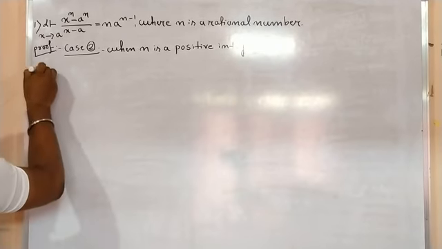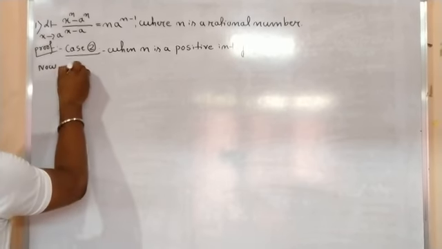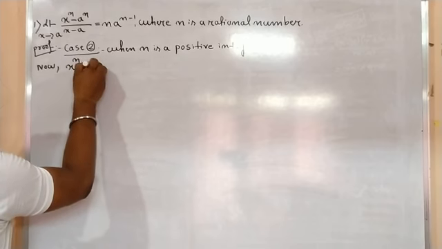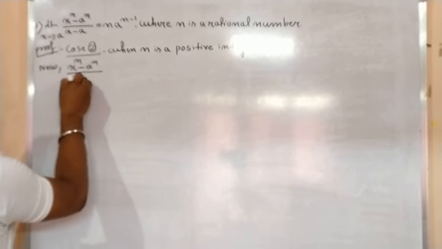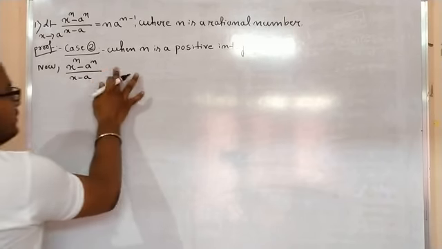Now first of all you have to consider this function. Now x to the power n minus a to the power n divided by x minus a. Now you have to expand it, right? So how to expand it?